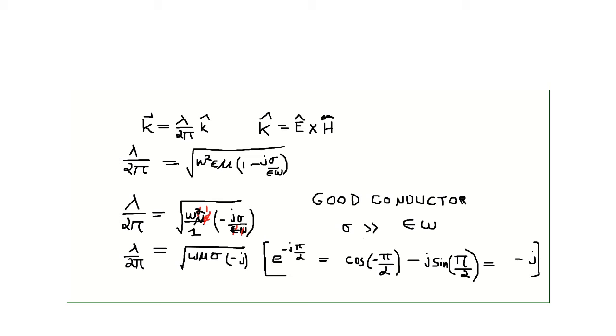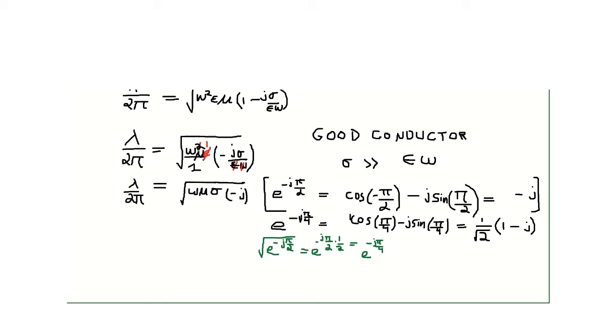From this identity, we can also find that if we take the negative j pi over 2 and divide by 2, now substituting this expression in for the square root of negative j, we obtain an expression for the wave vector of a good conductor. Here is the final expression for that.